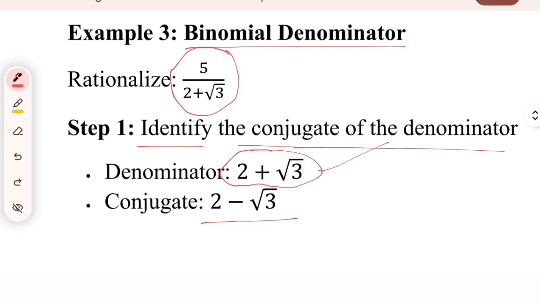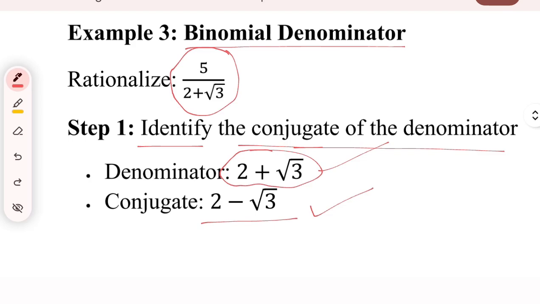Take note, the denominator is 2 plus square root of 3, and the conjugate is 2 minus square root of 3. Look at the two, they're actually the same, but opposite in sign. That's the key. You just multiply it with the same value, but opposite in sign.